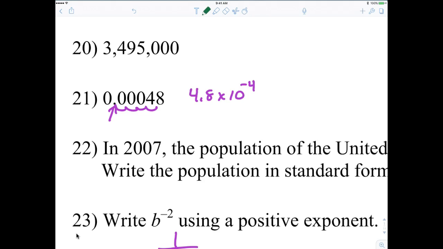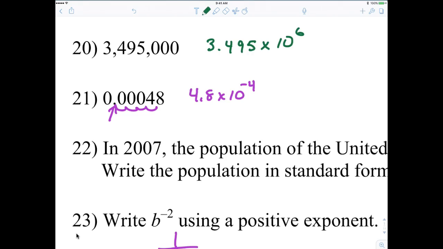I see a 3. Sorry, I thought that was. That's okay. Okay. 3.495 times 10 to the 6. Yes, perfect.